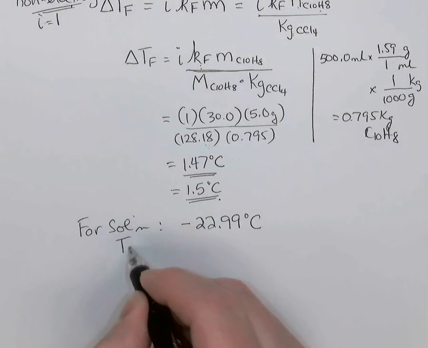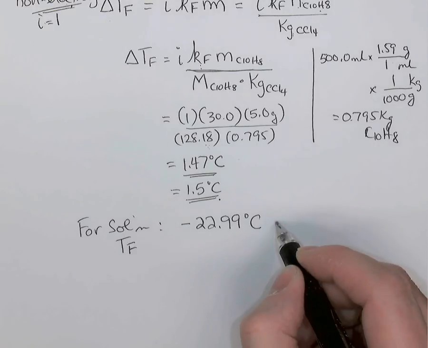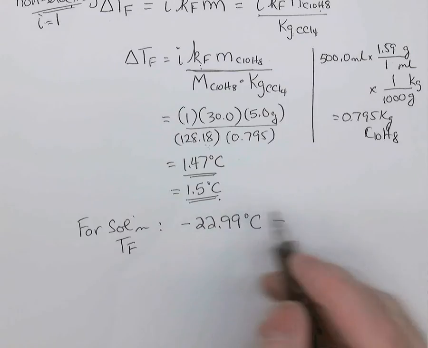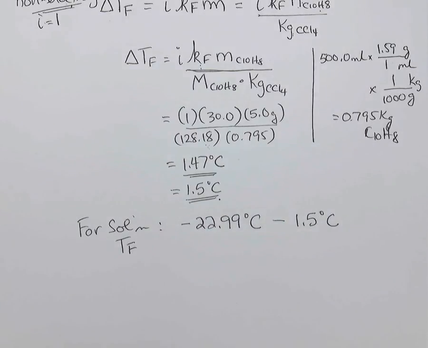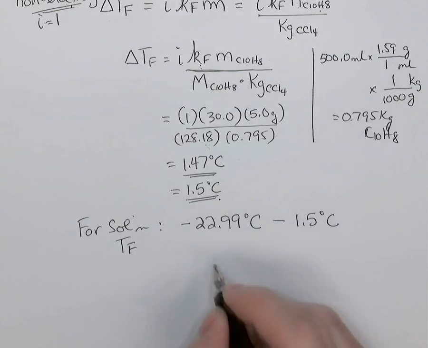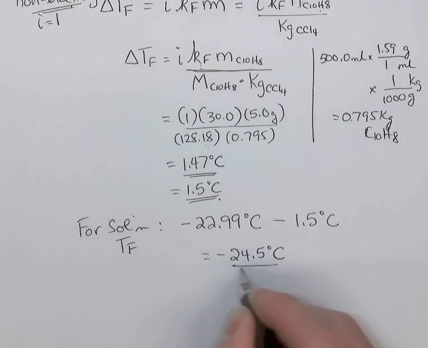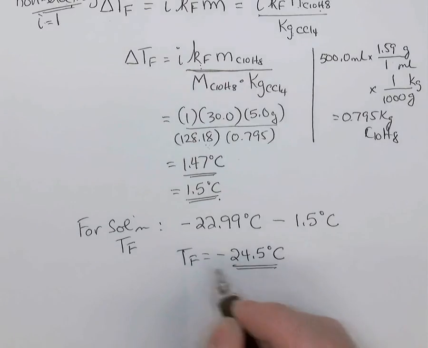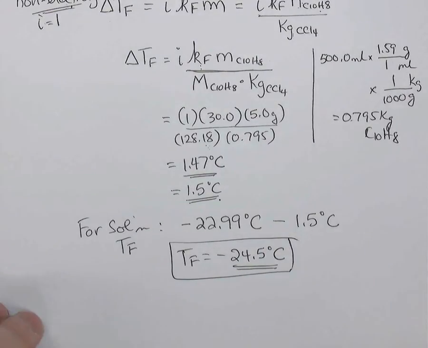And because the concept is freezing point depression, or lowering, we'll subtract the change that we just calculated, 1.5 degrees Celsius. So minus 22.99 take away 1.5 is going to be minus 24.5 degrees Celsius. There is the freezing point of our solution, which is 1.5 degrees lower than the freezing point of pure carbon tetrachloride.